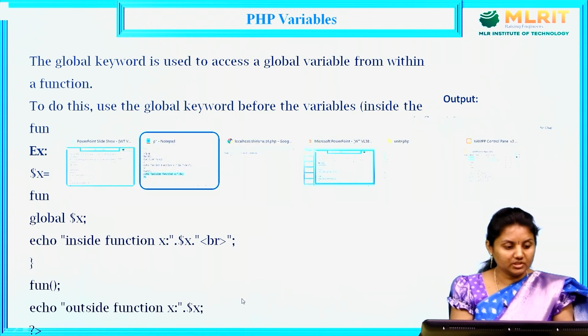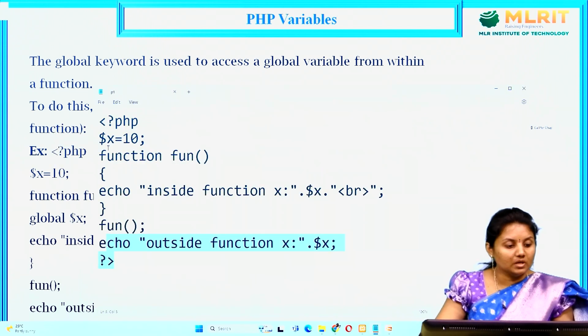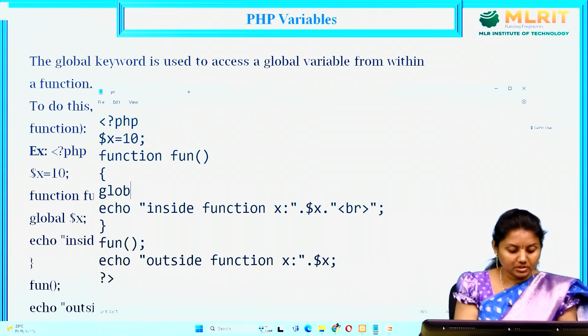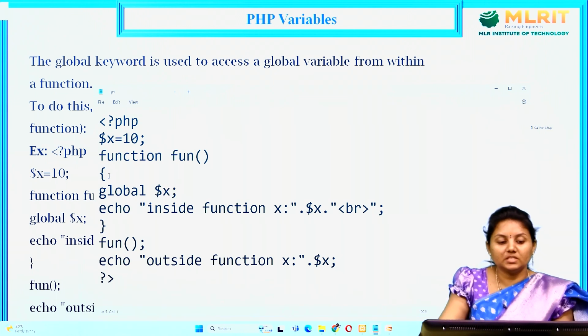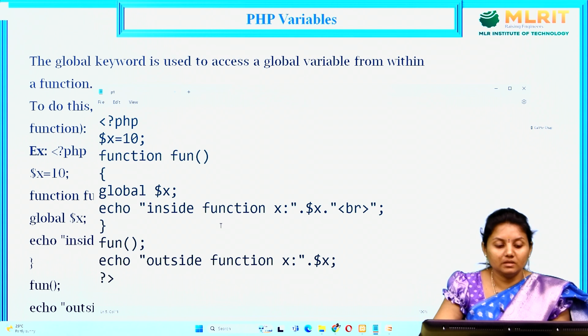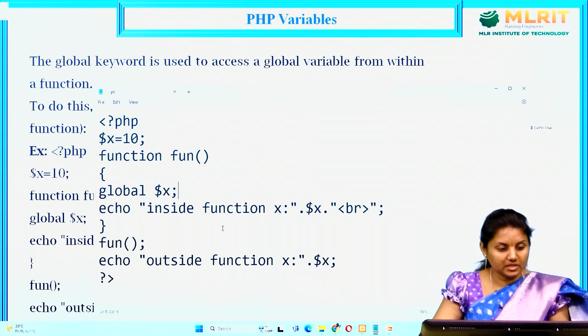So, let me change this code. Here I have given $x outside, but here I just take global $x. That means previously for this program, we didn't get the output for inside the function.